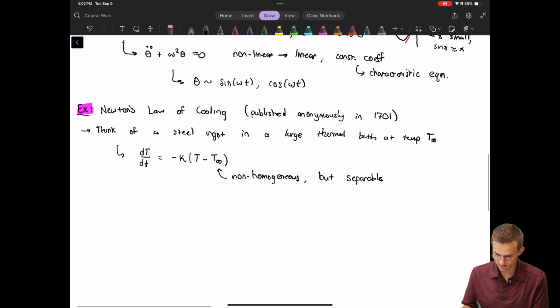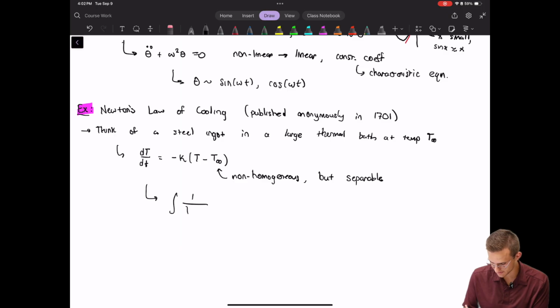The way you would solve it is relatively straightforward: you'd integrate both sides. You'd have the integral of 1 over T minus T infinity dT equal to the integral of minus k dt.